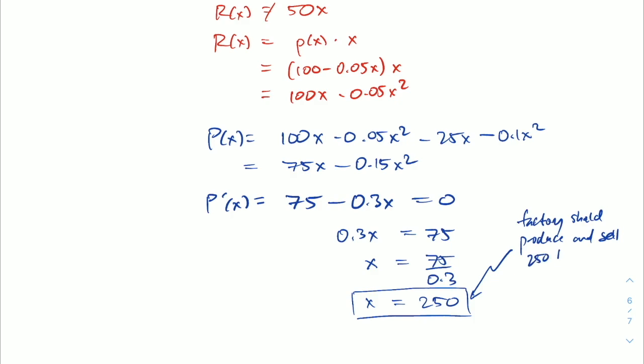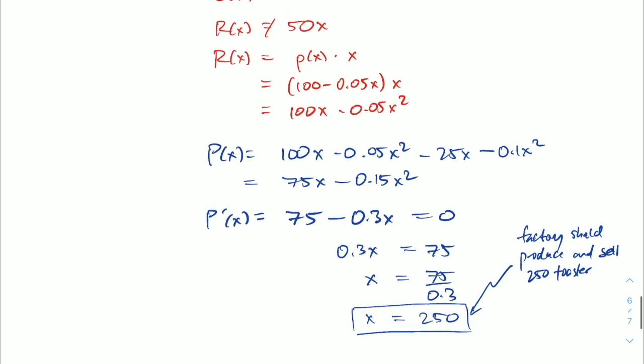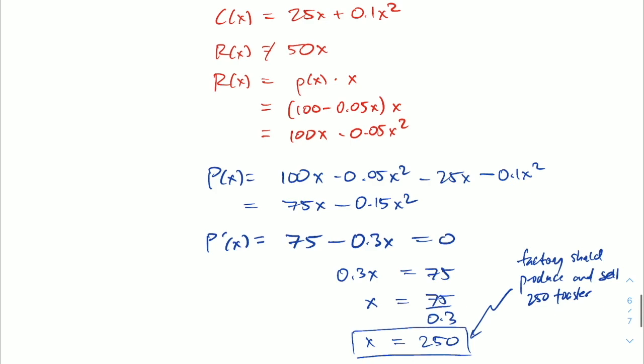And the way that they can get the 250 toasters bought is by setting the price at 100 minus 0.05 times this 250, which if you put in your calculator, you'll get 87.50. So this is the price they should set.